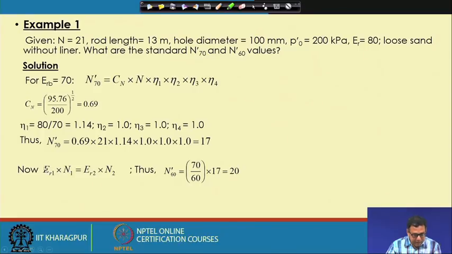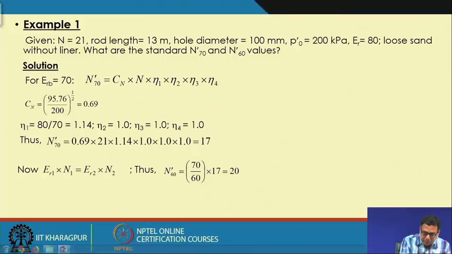For the standard ratio of 60, what will be the N? It will increase, because now we are reducing the energy ratio. So, it is ultimately 20. So, this is one particular example of the corrections required for ASTM.